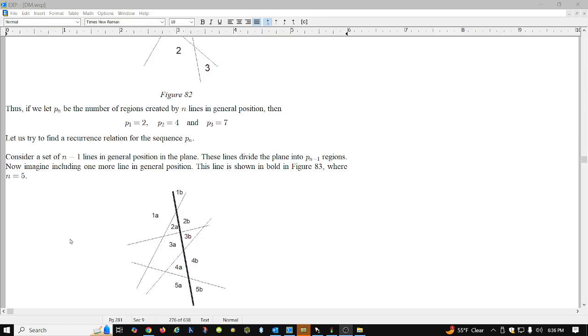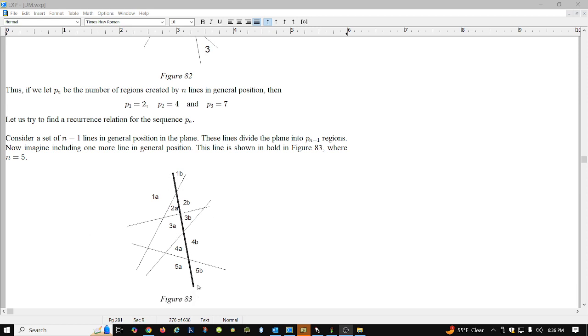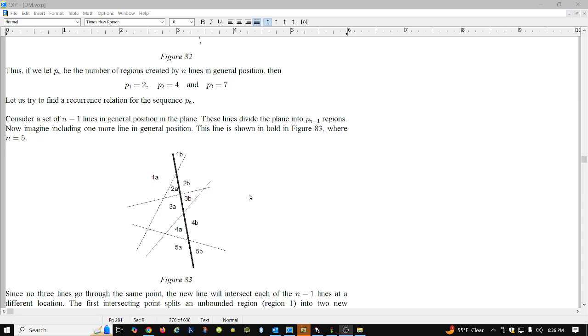What does it do to the regions that were existing before you added the line? So I've drawn that new line in bold. And there are 4 other lines that were there beforehand. Okay, so we're up to n equals 5.